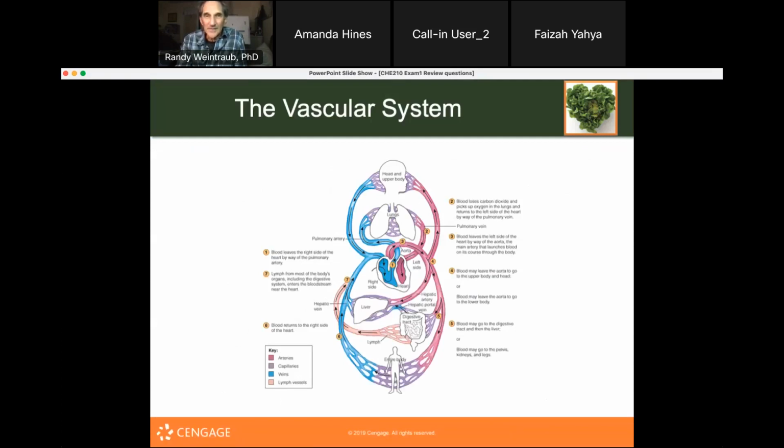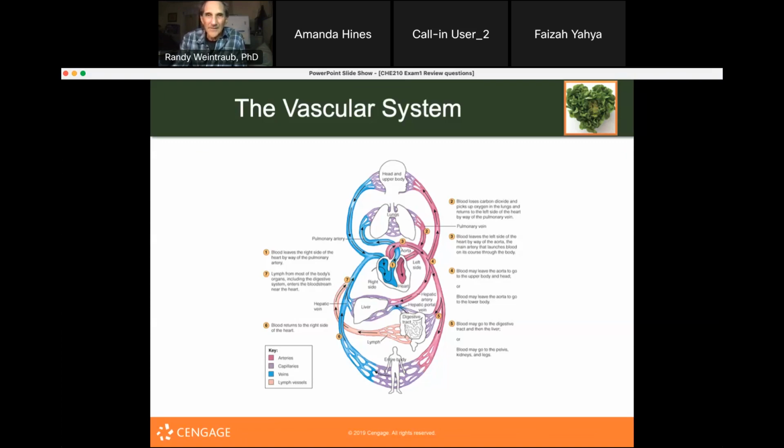So this is for transport. When we get the food broken down into small enough units to be absorbed, how does it move around? It's either in the vascular system that very importantly goes through the liver, an important place where lots of nutrients are stored, and also to other tissues.